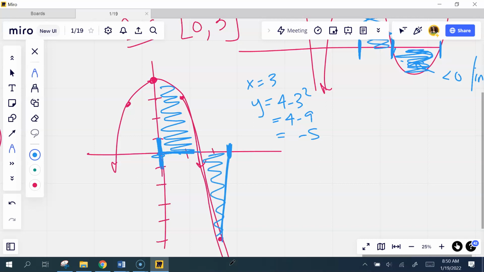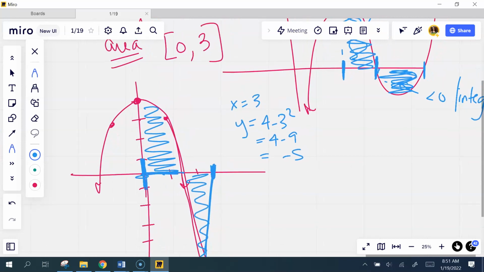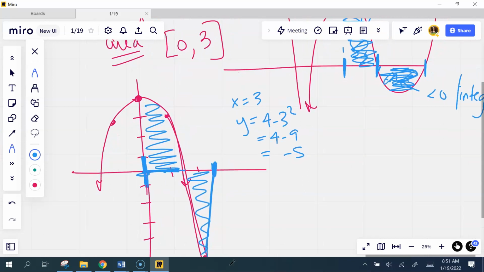Because it's up to the x-axis. How else are you getting up to the x-axis? The area under the curve to the x. So I'm going to have to find both of these areas, just like this cubic over here that we drew. It's up to the x-axis or down to the x-axis.